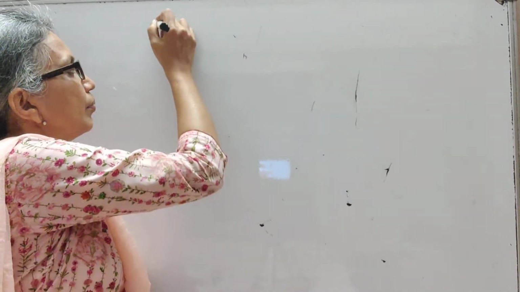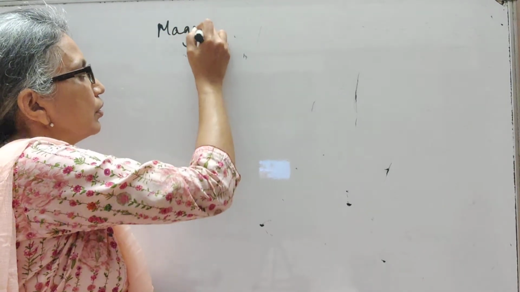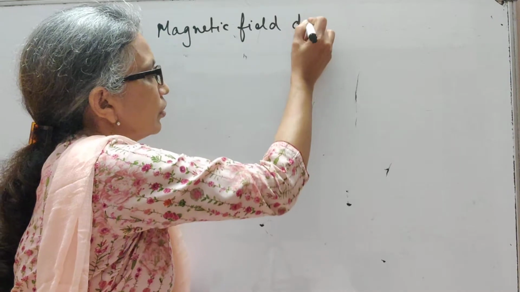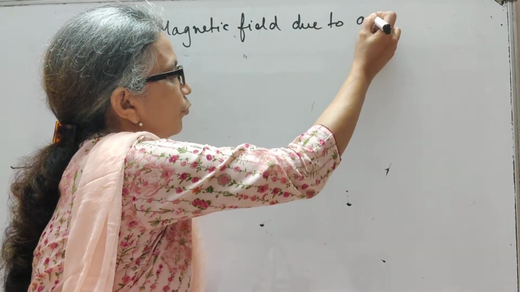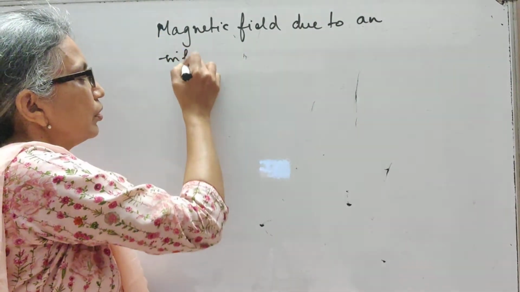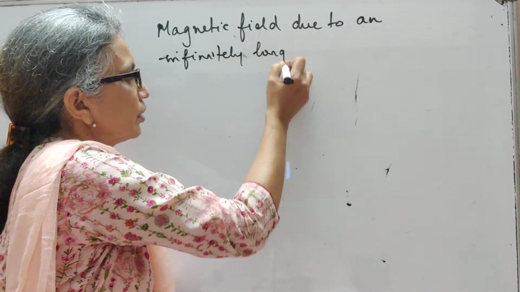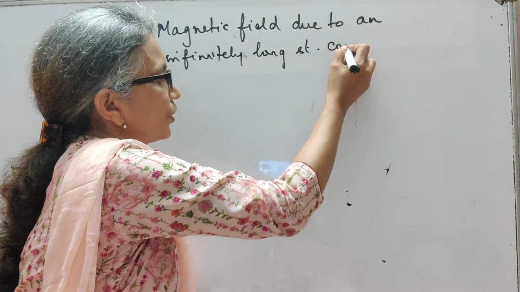So we have the magnetic field due to an infinitely long straight conductor which is carrying current.